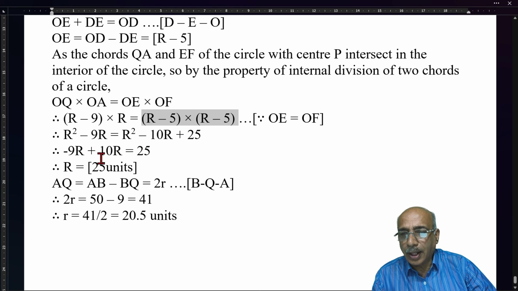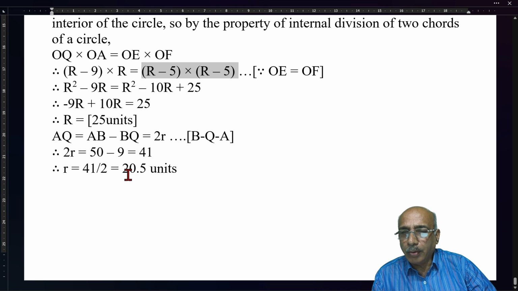Therefore, minus 9R plus 10R equals 25, R equals 25 units. AQ equals AB minus BQ equals twice r. Therefore, twice r equals 50 minus 9 equals 41. Dividing by 2, r equals 41 by 2 equals 20.5 units.